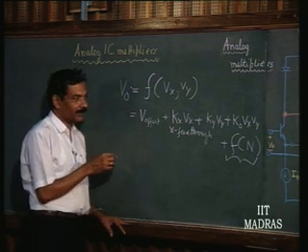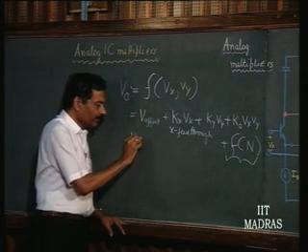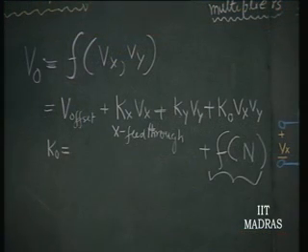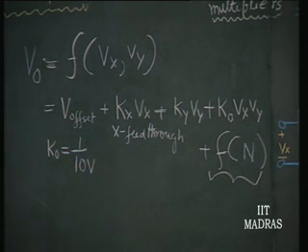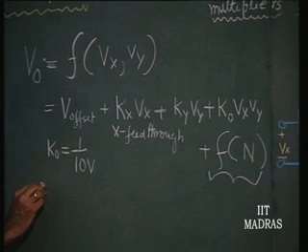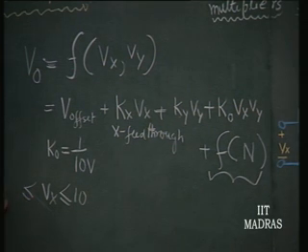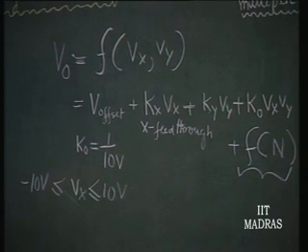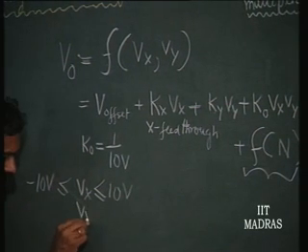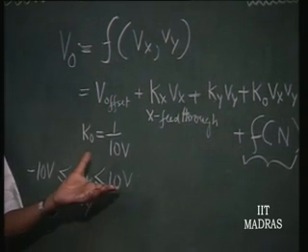We see to it that K naught is standardized in most precision multipliers as 1 over 10 volts, so that the multiplication operation is possible over a dynamic range of less than or equal to 10 volts, greater than or equal to minus 10 volts. Similarly, Vy should have a dynamic range. This is the standard for precision multiplier design.